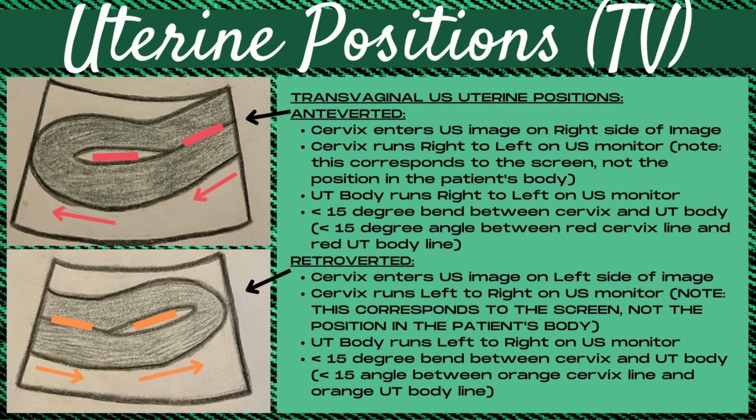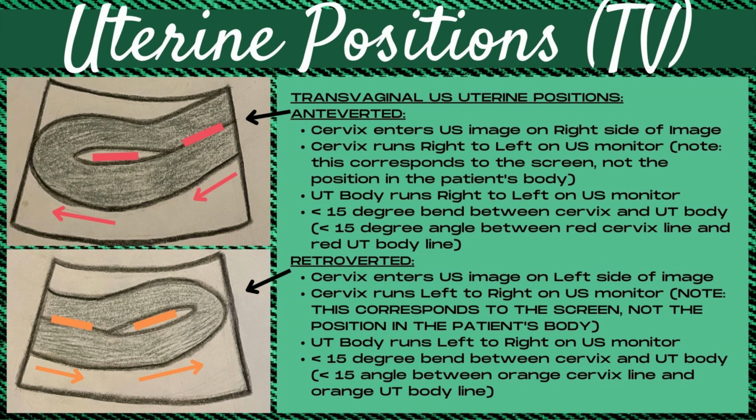There's going to be a less than 15-degree bend between the cervix and the uterus body. And this is demonstrated because there's a less than 15-degree angle between the red line in the cervix and the red line that's in the uterus body. And the red arrows below the uterus are demonstrating that both the cervix and the body of the uterus are traveling the same direction on the ultrasound image.